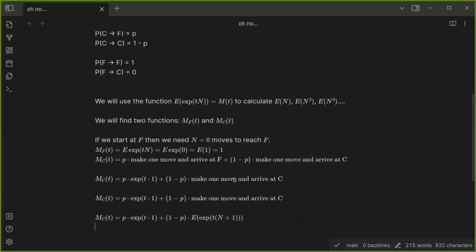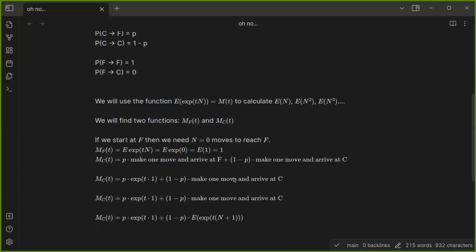Let's see why. What is N? N is a random variable. It's a random number of moves that is necessary to go from the starting state C to the final state F. If I go back from state C to state C, then one move is gone.